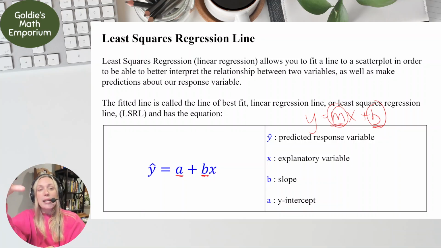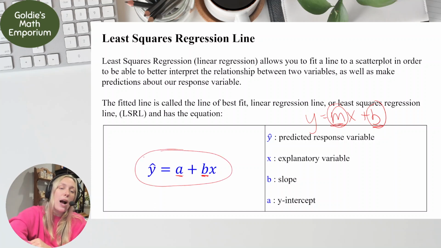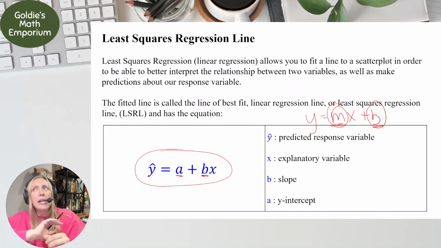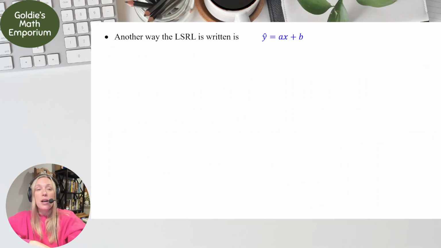Okay. Now, there's two ways to write this regression line. This is probably the way it's mostly written on the AP exam from what I've seen, the bits and pieces that they release. They usually write it like this. So that's why I'm going to try to stick to this form. You might also see it written in the classic y equals mx plus b way, right?